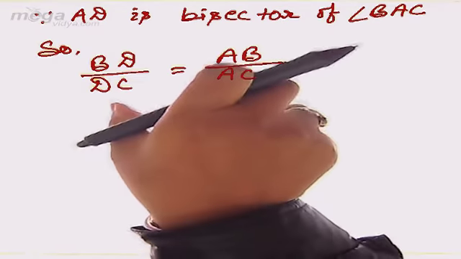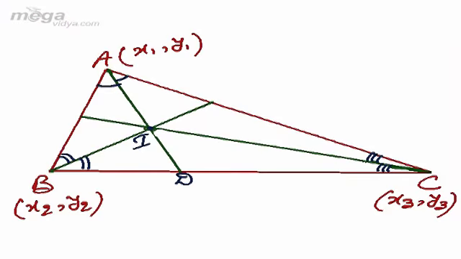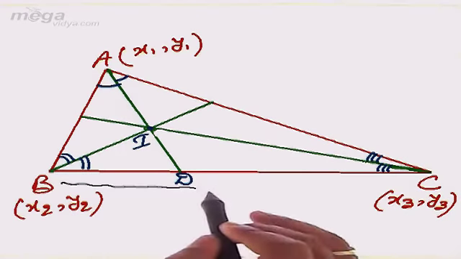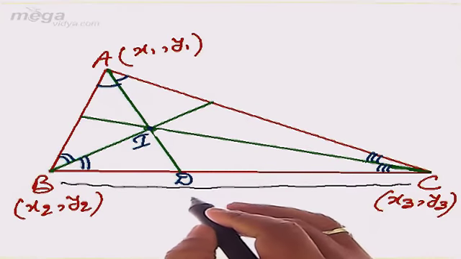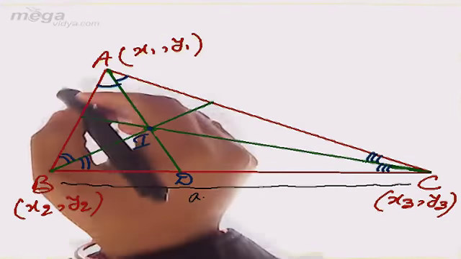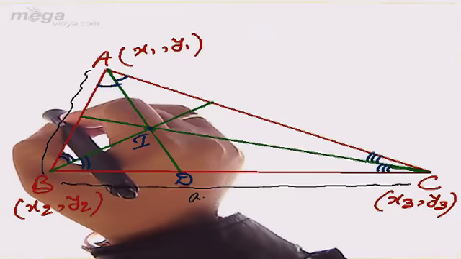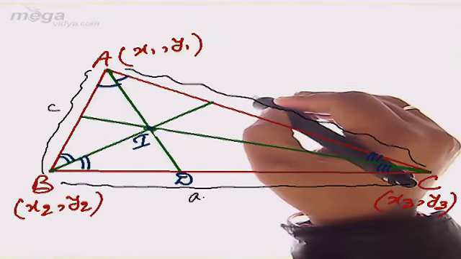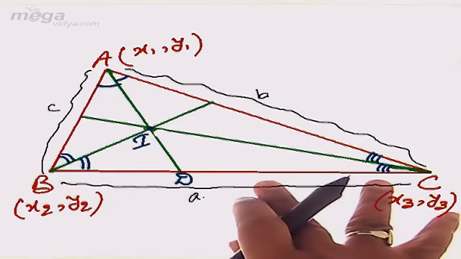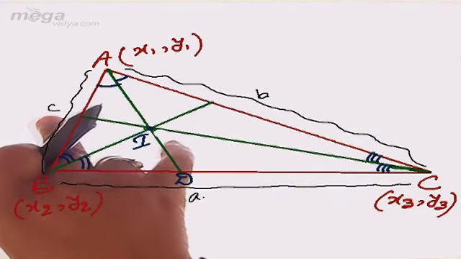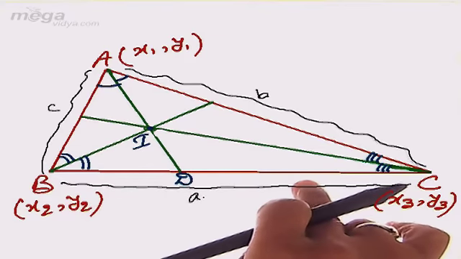This you did in class 10th. Now we know that the length of the side opposite to angle A is a. The length of this side is c. This is the length of side AC, which is b. It means BD upon DC is the same as c is to b.